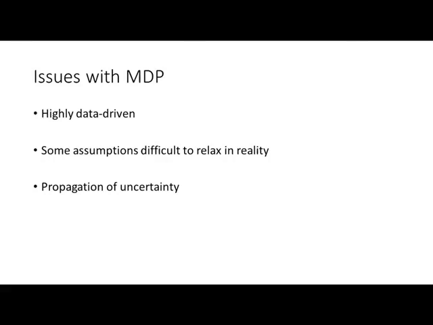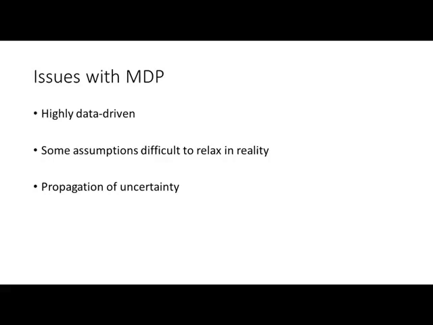And this can be problematic sometimes. The second problem I find with Markov decision process is some assumptions are really difficult to relax in reality. For example, in health economics, in some applications they assume that the patient has complete knowledge of the expected rewards for each decision, and complete knowledge of the transition probabilities.